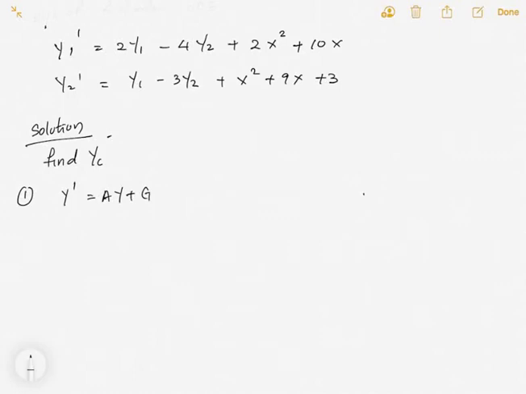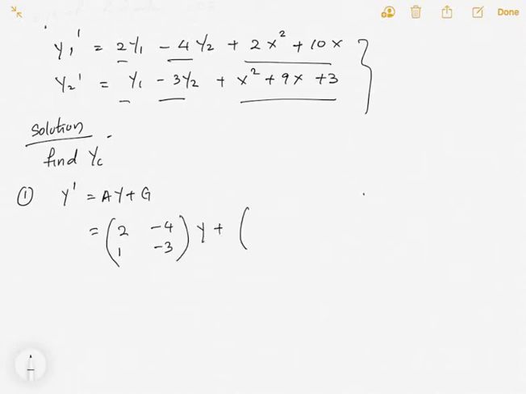From the differential equation, you transfer it into Ay plus g. So A is 2, -4, 1, -3, and this part is the g: 2x squared plus 10x, and x squared plus 9x plus 3.